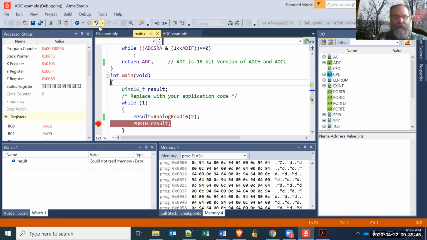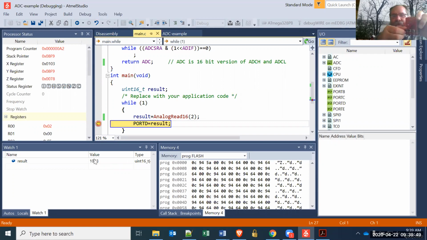And I hit F5, 1023. If I turn it about halfway down, F5, it's 314. I guess I turned it a little more than halfway down, but I turn it almost all the way down. 13, all the way down, 0. Okay, and just for good measure, let's check pot number 1.